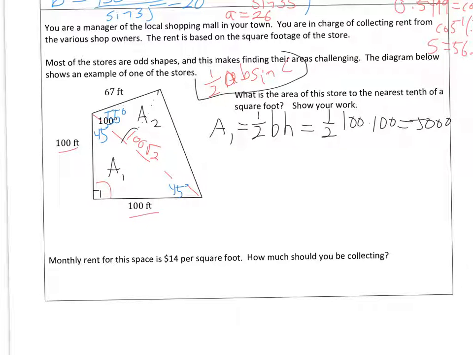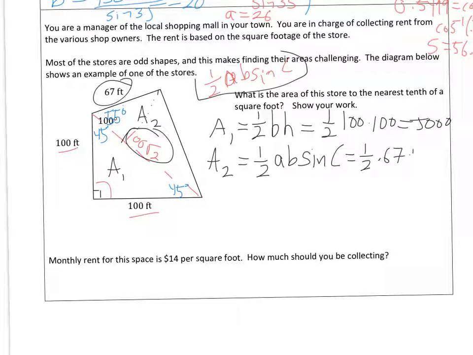Because I've got 1/2, I'm going to do AB sine of the angle between them, which is 1/2 times 67 times 100 square roots of 2 times sine of the angle between them, 55 degrees.